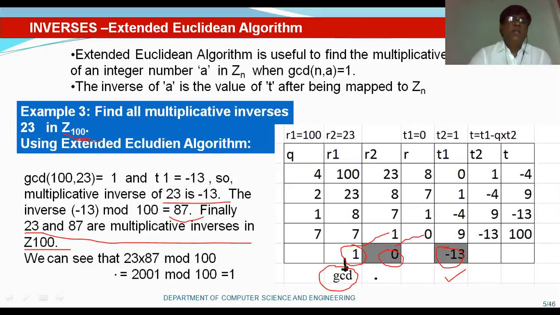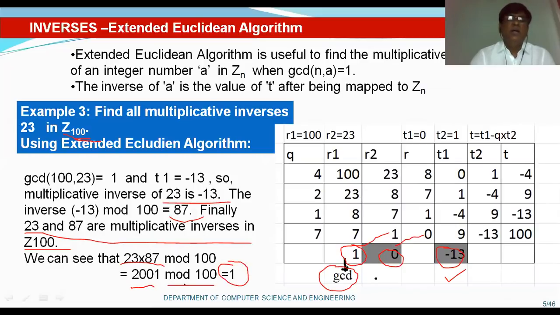We can check whether 87 is the multiplicative inverse of 23 or not. We can check this by multiplying 23 with its multiplicative inverse 87. So 23 times 87, its value is 2001. If you modulo divide it by 100, because it is Z100, we got 1.